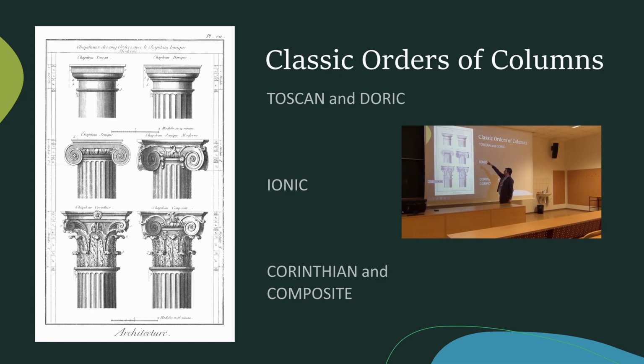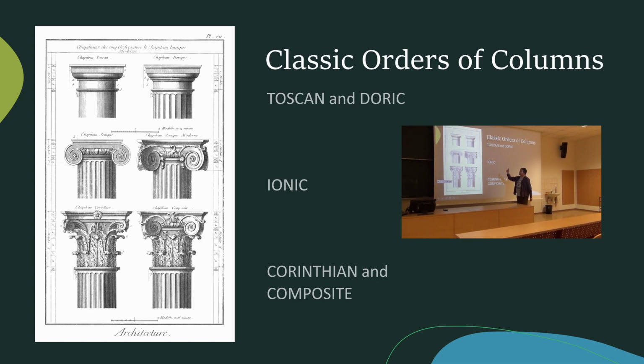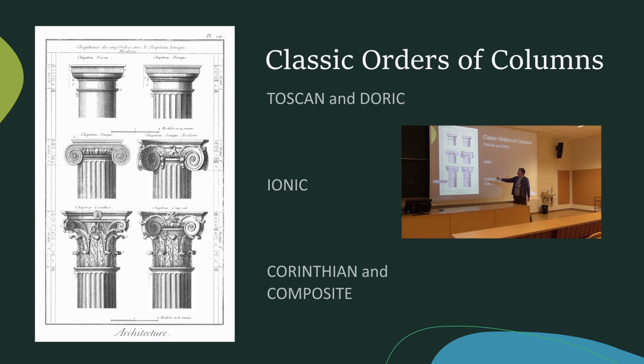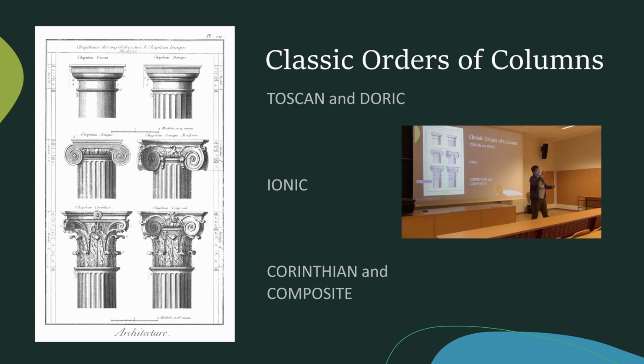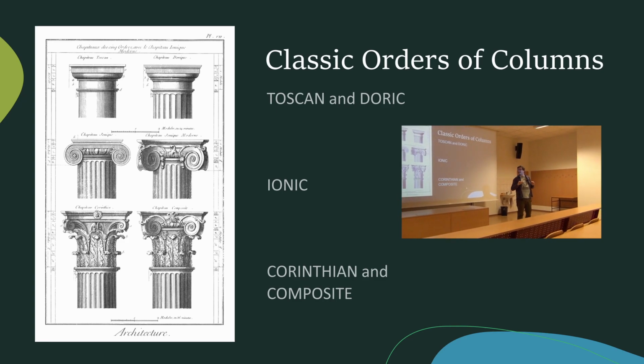Then the Doric, which was the original, the Tuscan was a simplified version of the Doric, is almost the same, but you have these stripes going along the column. The Ionic, you have those 2 snails on the top.